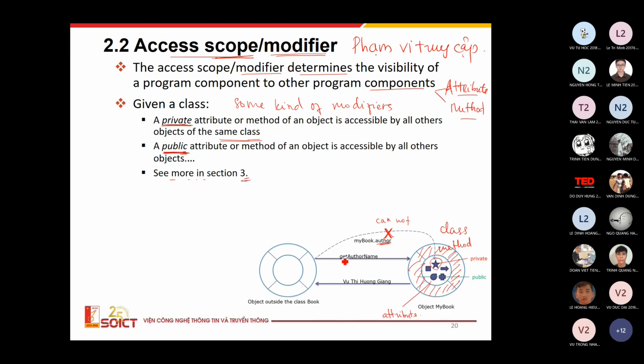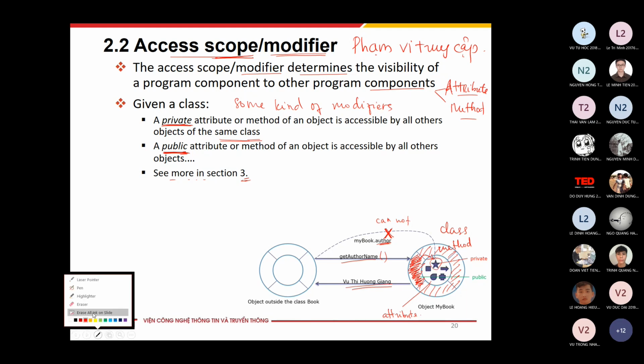For example, you have one method named get author name. This get author name is in the public modifier, so you can use this method to get the name of this book. So remember that only the public method can access the private attribute, okay?